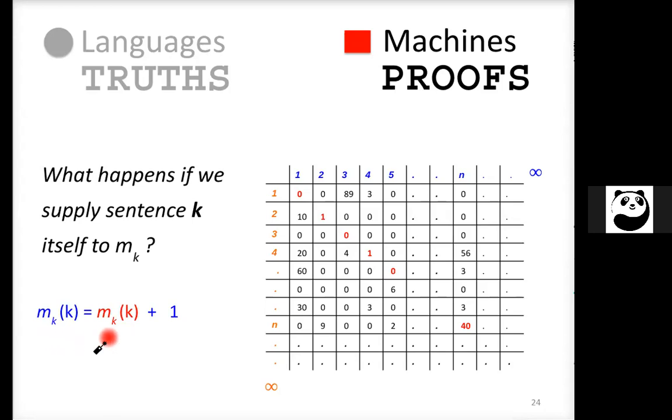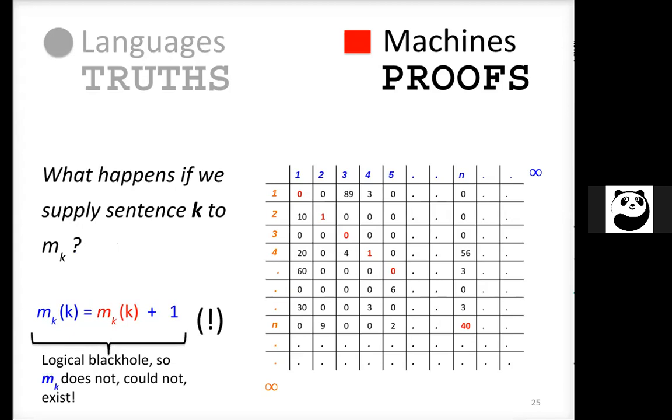What we get is this. The kth machine, when supplied with K itself as input, K being the number encoding the kth machine, is equal to M_K of K plus 1, which is obviously problematic. This statement cannot be true.